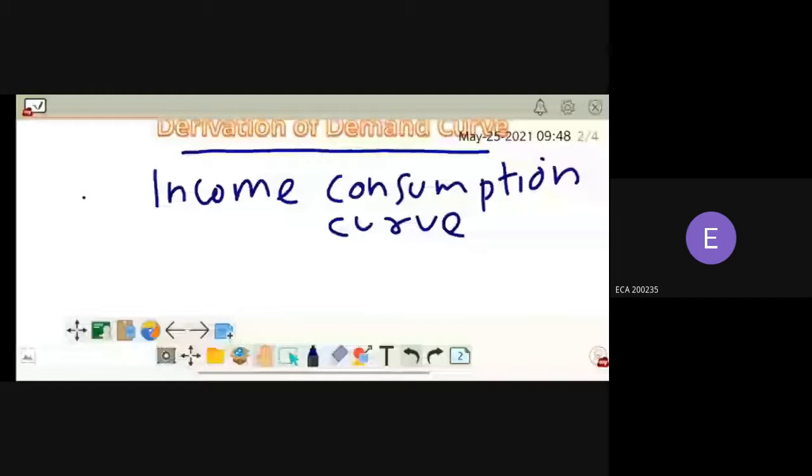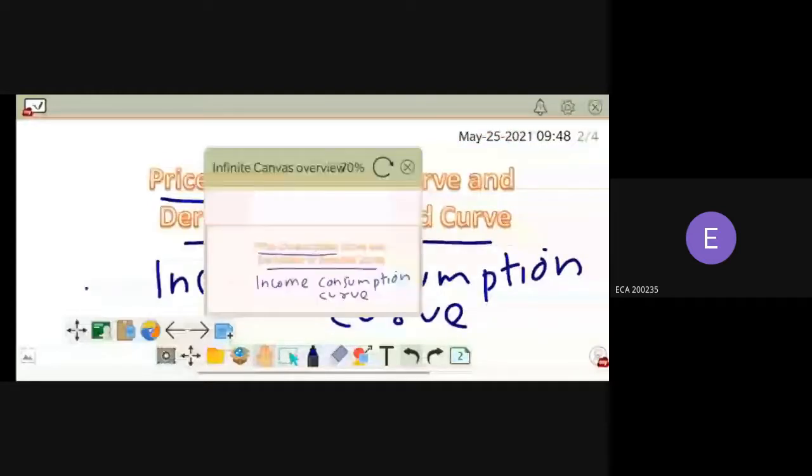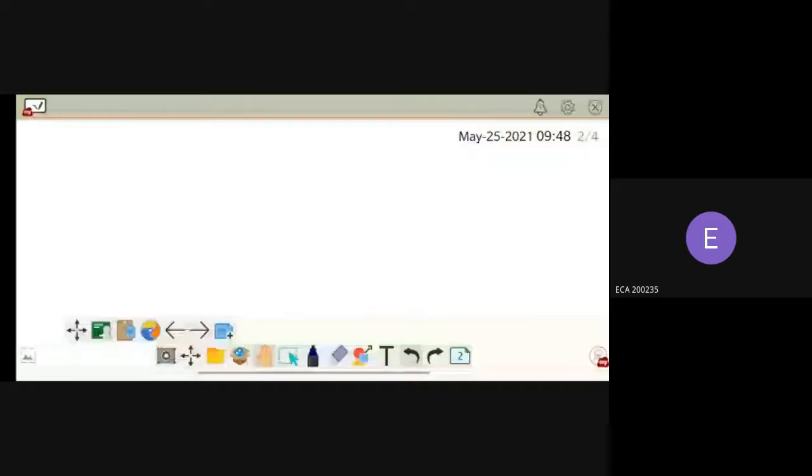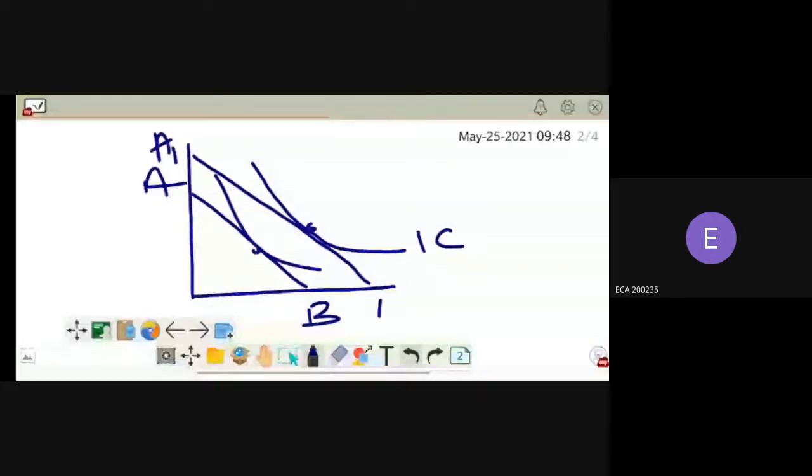For your quick reference, you might be remembering this. These are the new budget lines, and the consumer is in equilibrium where the indifference curve meets the budget line, right? AB, A1B1, these are the budget lines.